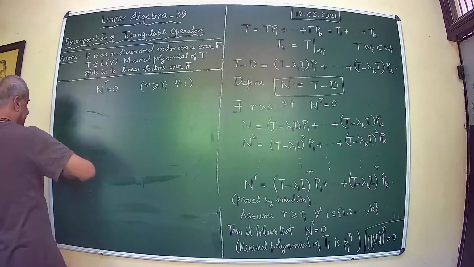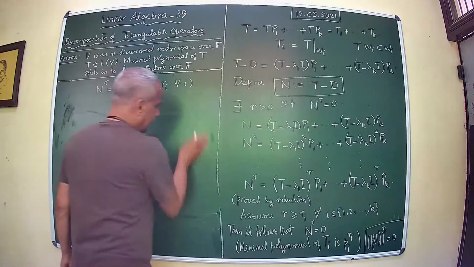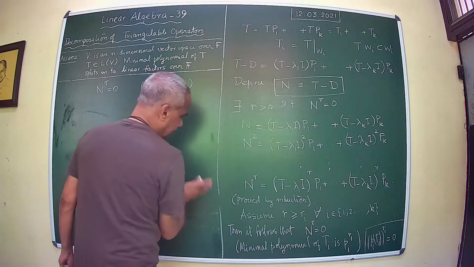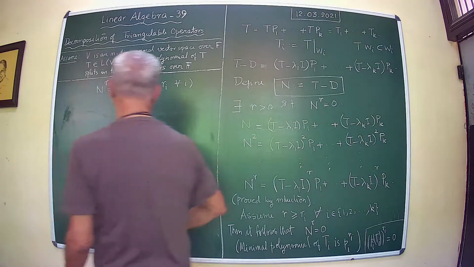Now that means N has the property that from some stage onwards N to the power r becomes 0.